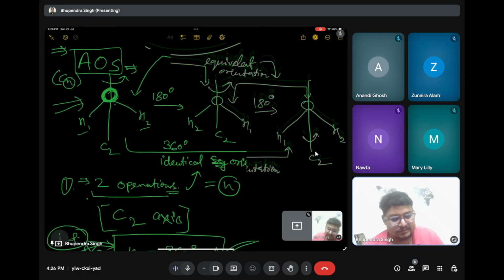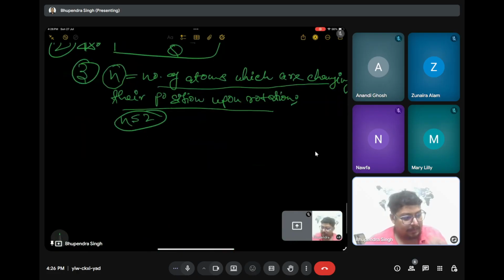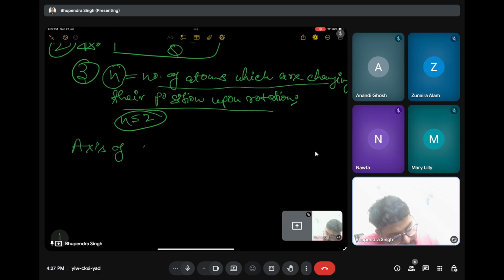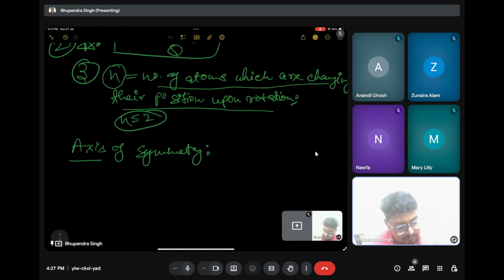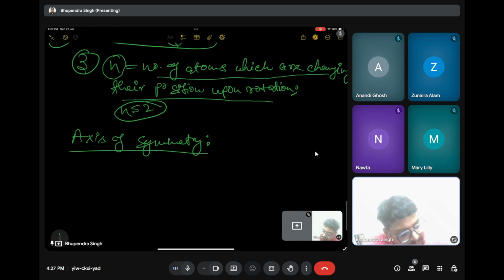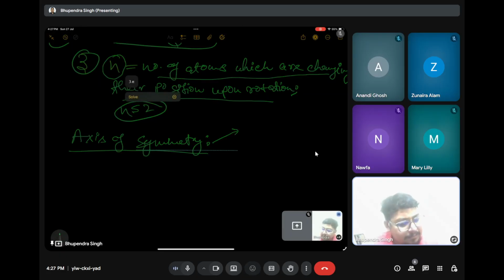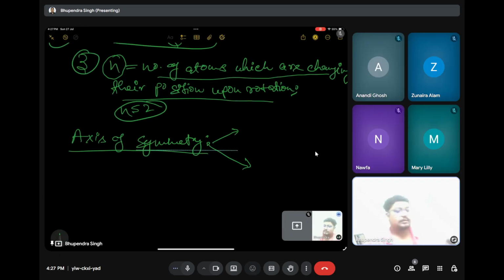So this is the axis. In axis of symmetry also, one molecule can have different orientations, like different axes.